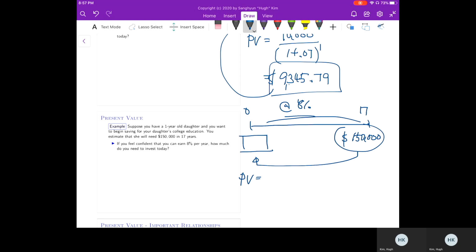So the present value is equal to $150,000 divided by 1 plus R, which is 1 plus 0.08 raised to the power of 17. So that is $40,540.34.